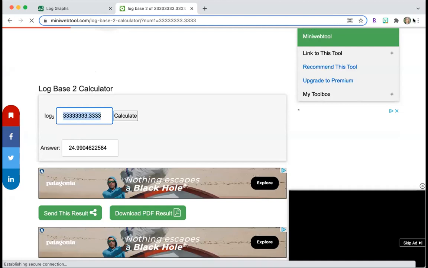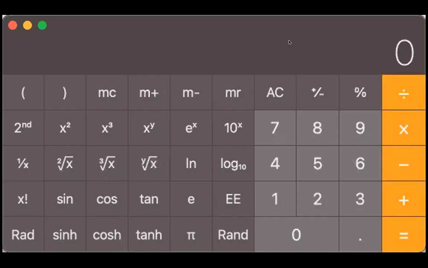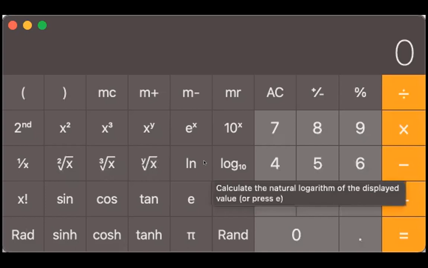The next thing, let's use an actual calculator and you can see how the change of base formula works. So to show how Desmos, obviously a couple of clicks and you get that, you can find the same thing by using just the calculator on your phone. What I want you to see is that the calculator only has the natural log or the log base 10.